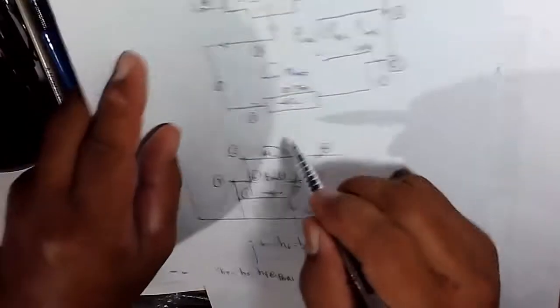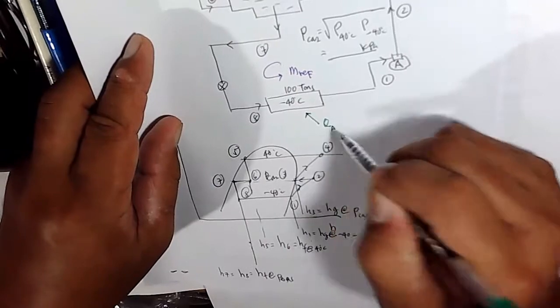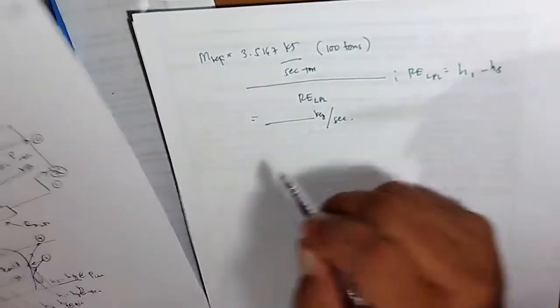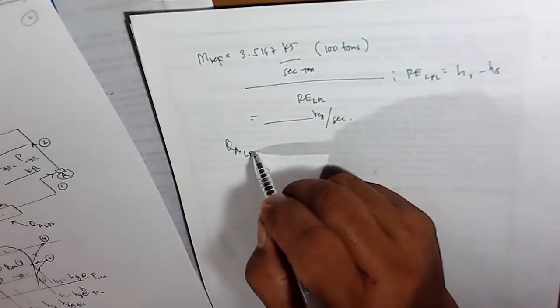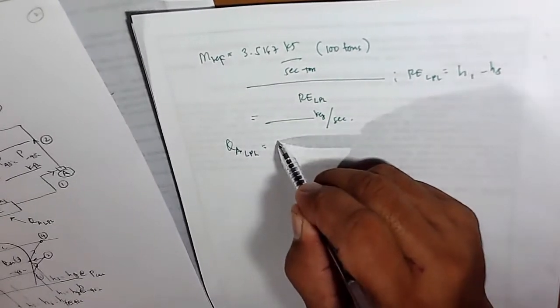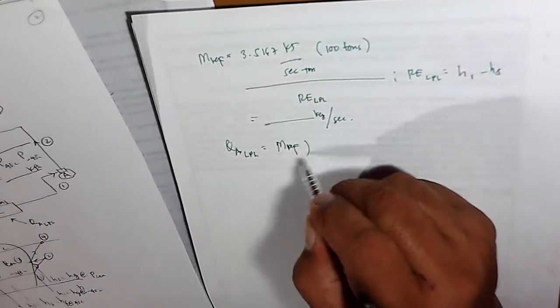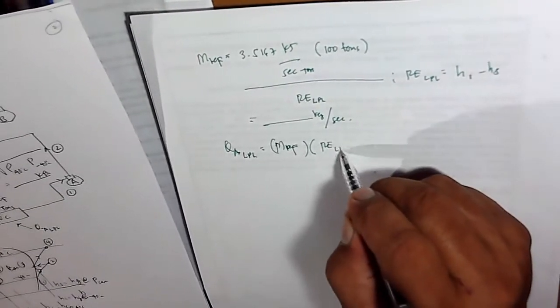Now you can compute for the heat absorbed here. You have your QA coming from the low pressure loop. Your QA, low pressure loop, is just equal to mass m_ref multiplied by RE, low pressure loop.